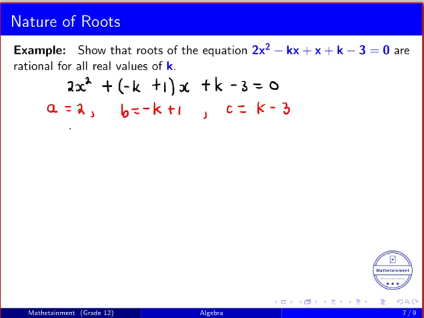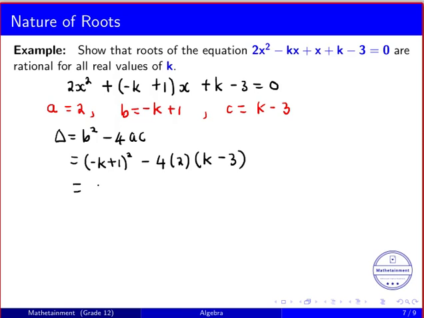Our discriminant is given by b squared minus 4ac. Our b is negative k plus 1, so we have negative k plus 1 whole squared minus 4 times 2 times k minus 3, which is our c.